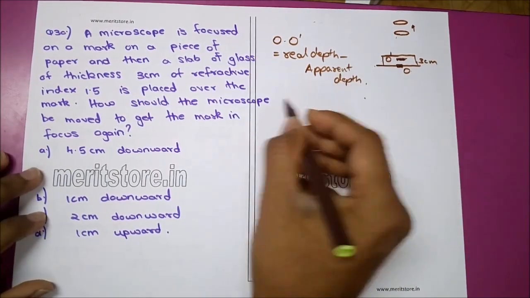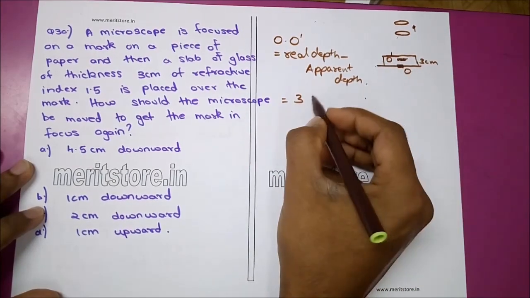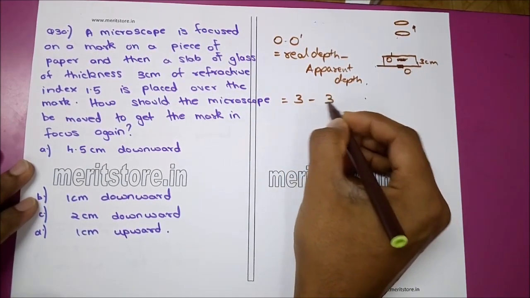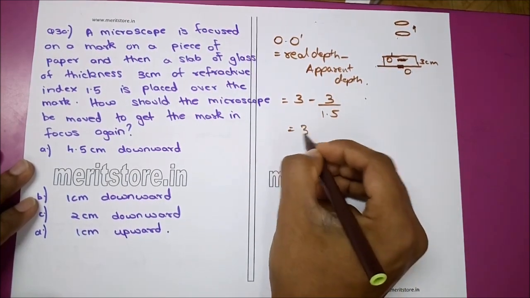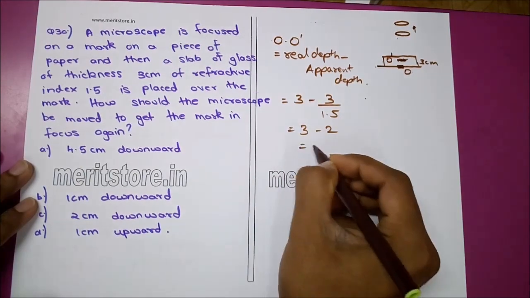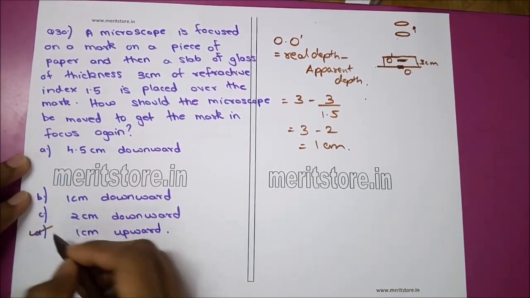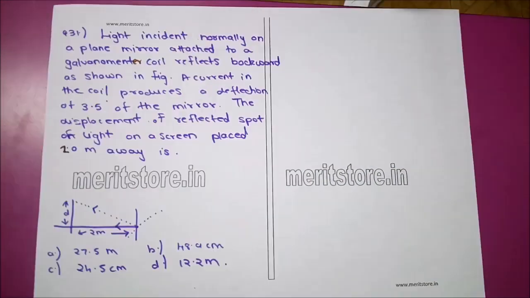So real depth is 3 centimeters, whereas the apparent depth is the real depth upon the refractive index 1.5. So 3 minus 2, that is equal to 1 centimeter. Therefore, the microscope has to be moved 1 centimeter upward. Option D is the correct answer.